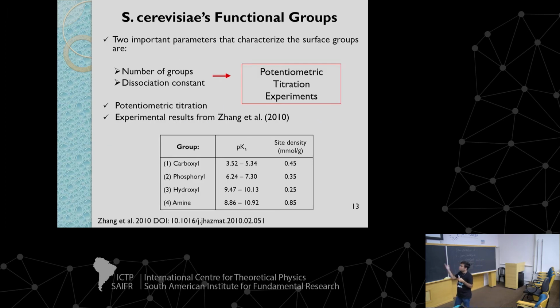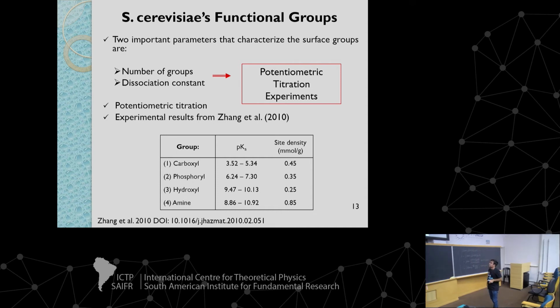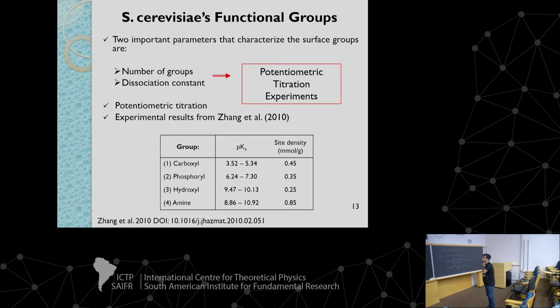And how do we do that? We use a charge regulation model. Okay, and two important parameters to characterize the surface groups are the number of each group, and the dissociation constant associated with that group. So here we have a table with the density of sites for each group, and here the pKa range for each of these groups.